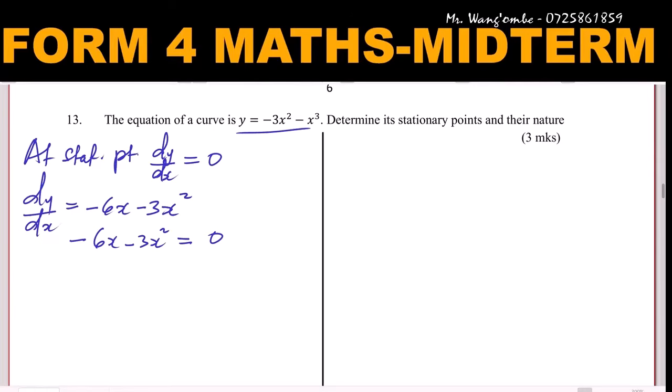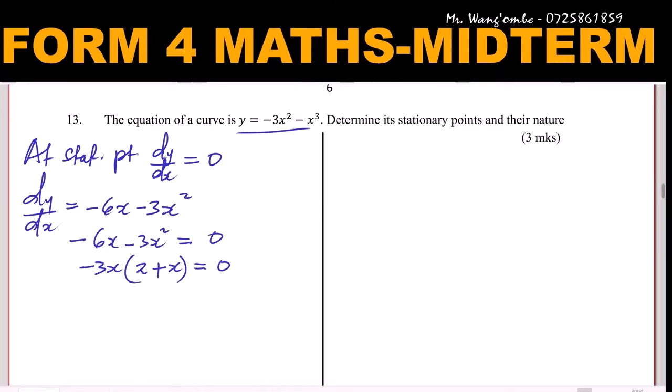This is the x coordinate. We can factor out what is common here: negative 3x is common. So we have negative 3x times (2 plus x) equals 0.